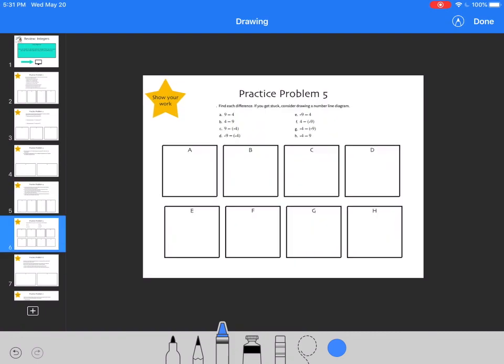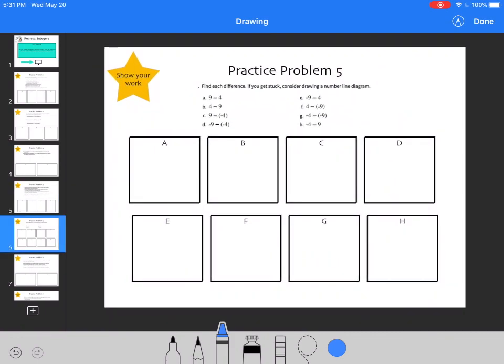All right. So now it says for each difference, if you get stuck, draw a number line. So 9 minus 4, well, 9 minus 4 is 5. So I'm going to change this into an addition problem. So 4 plus negative 9.